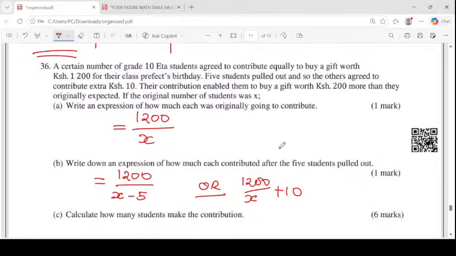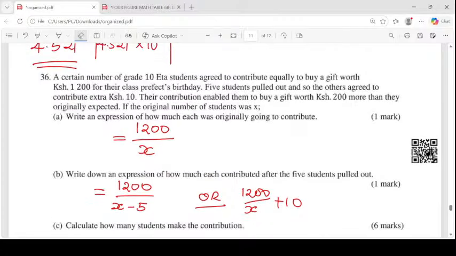To get the new contribution, this is not right, because the new contribution is 1,400, which is more. This will have been 1,400 because they made a bigger contribution.